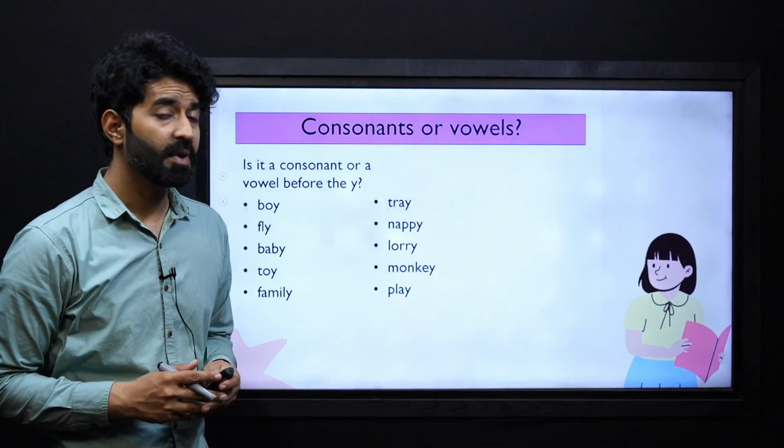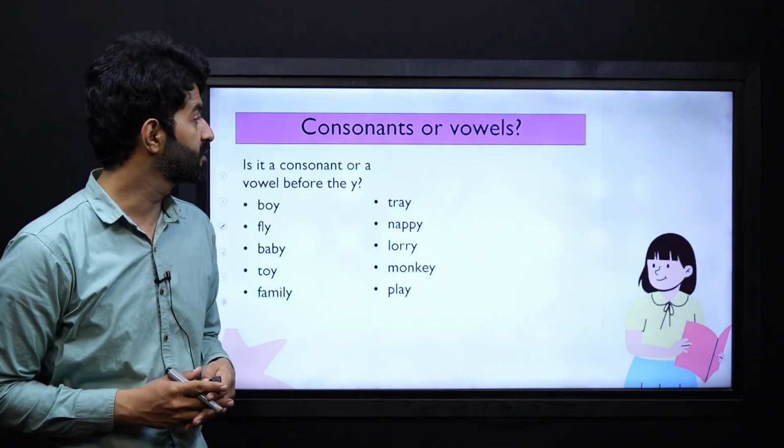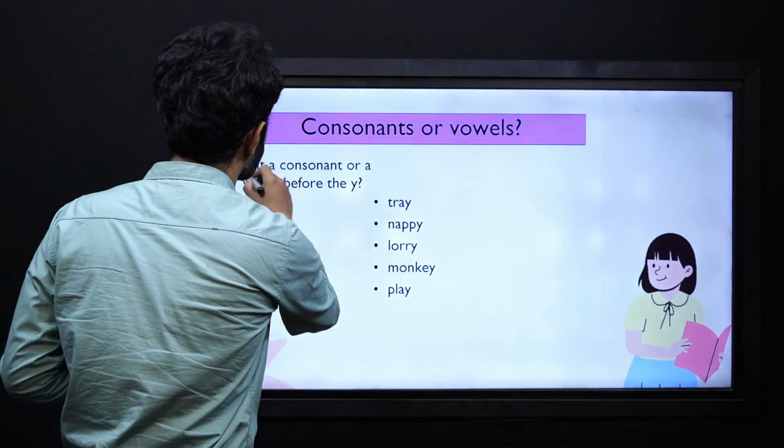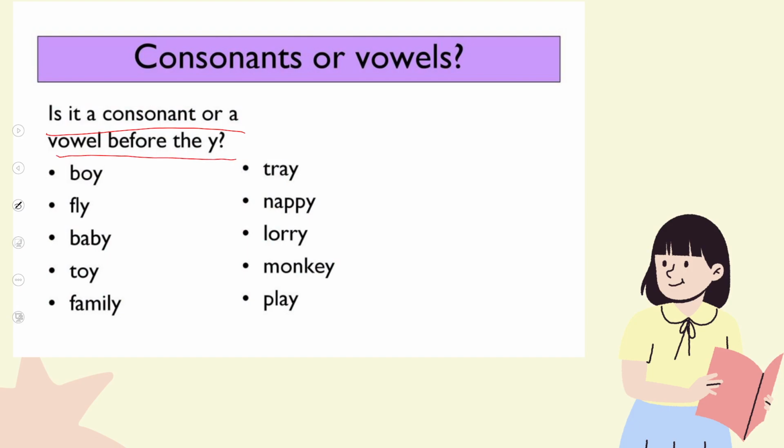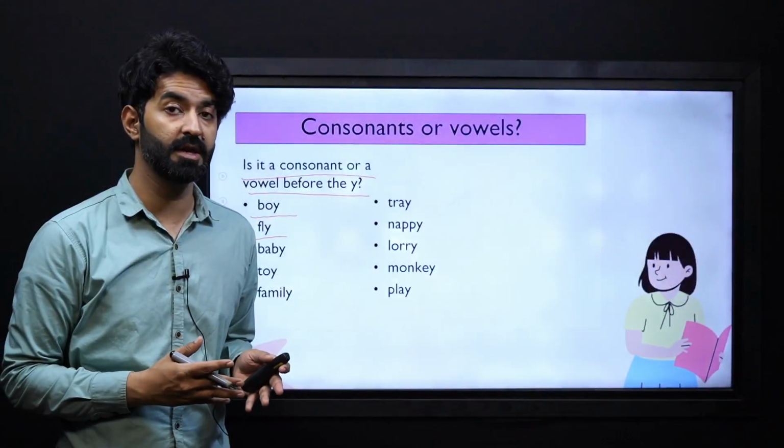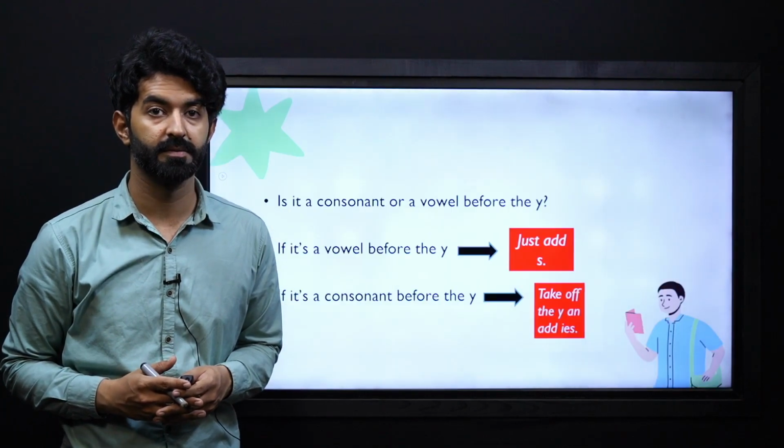Now, can you tell whether these are consonants or vowels? Is it a consonant or a vowel before the Y? So here we have a vowel, here we have a consonant. So you can identify them, and also you can pluralize these for your practice.